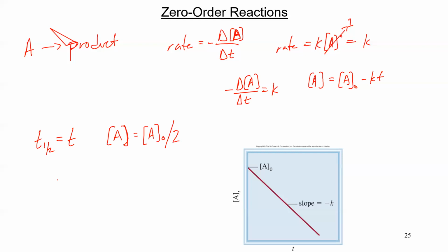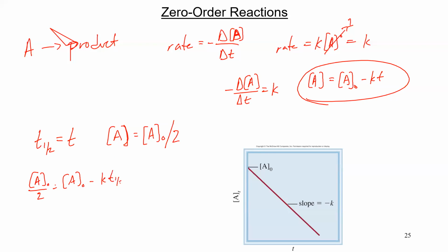We can rearrange this equation, and we get A naught over 2 is equal to A naught minus k times t 1/2.